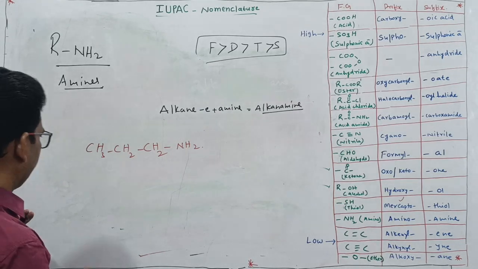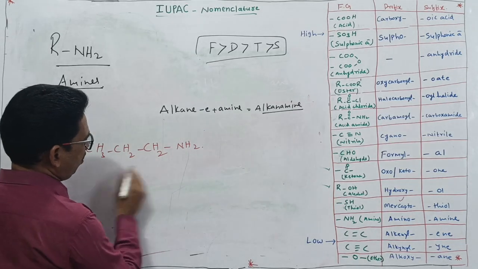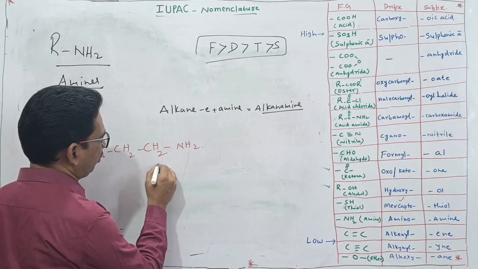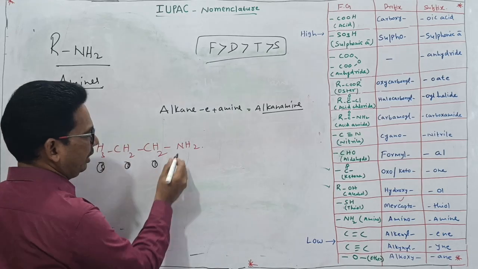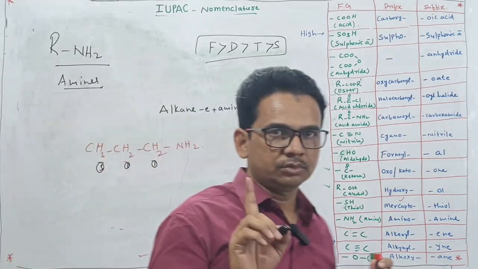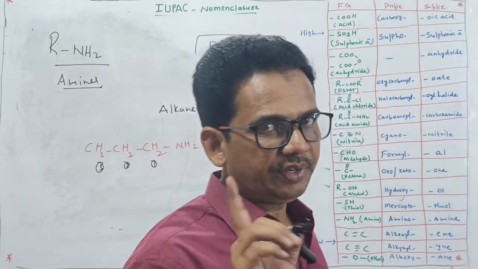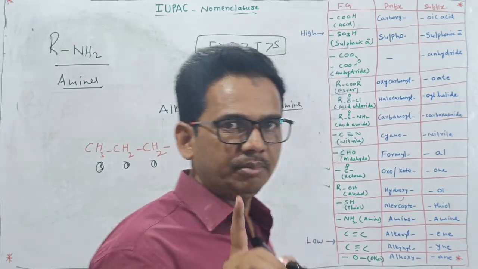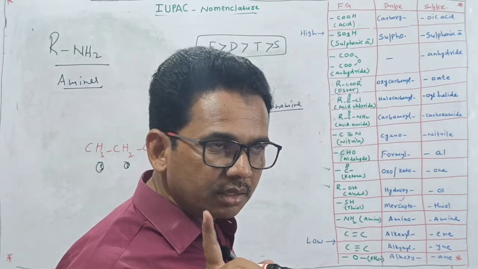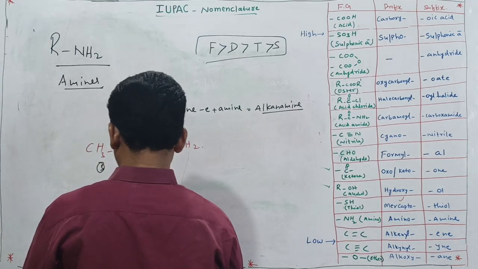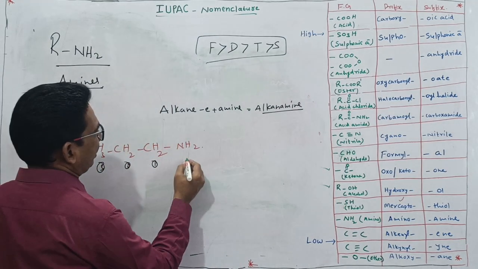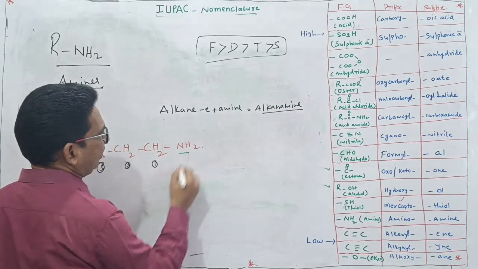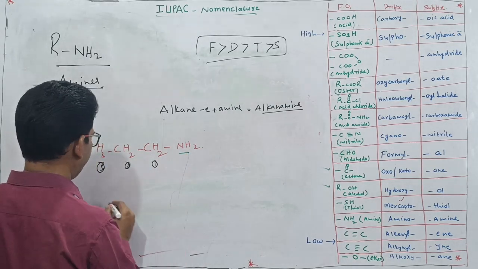Now see, how many carbons does it have? 3. Numbering from which side do I have to start? From here: 1, 2, 3. Nitrogen: don't give a number to the nitrogen. If carbon is there, then only you have to give the number. Remember that. Now see, in this case only one functional group is there, that we are writing as the suffix.